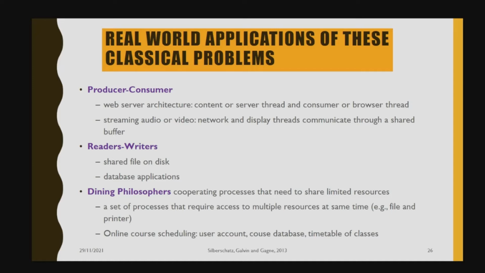Then we also have streaming audio and video, where network and display threads communicate through shared buffers. This is the real world situation that might happen when we talk about synchronization in our computer system: the producer and the consumer.